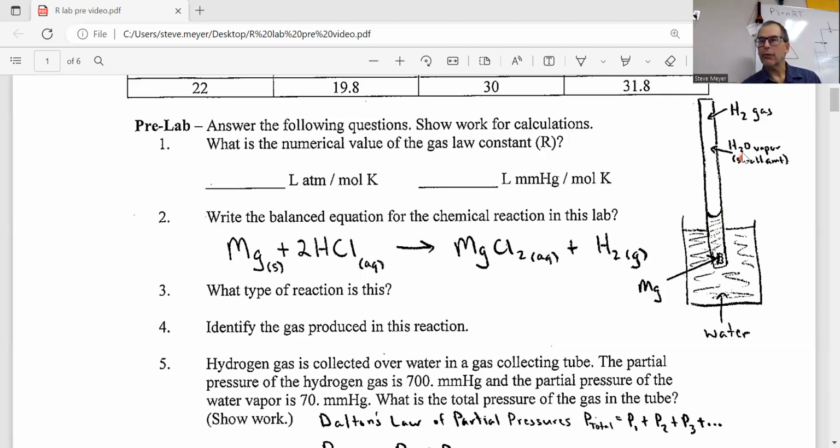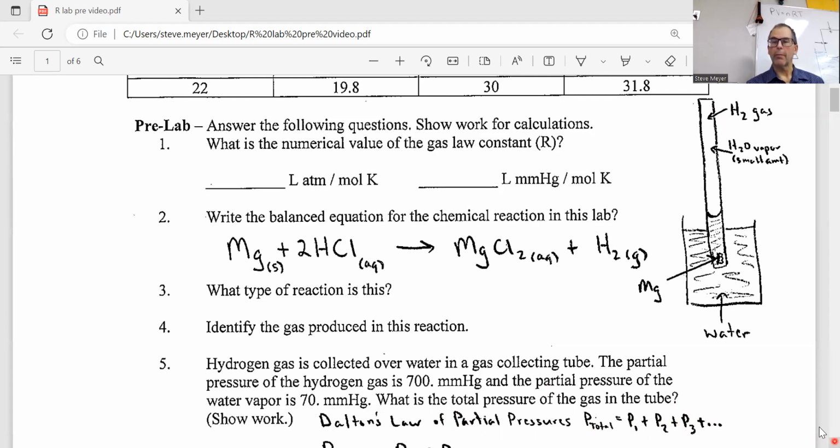So we have to account for that little bit of water vapor that evaporates, as well as the hydrogen gas, which is going to be most of what we collect. So to do that, we're going to make an adjustment using Dalton's law of partial pressures, which just says the total pressure of a gas is the sum of all the partial pressures available, whether it's 2 things or 3 things or 4 gases or 5 gases and so on.